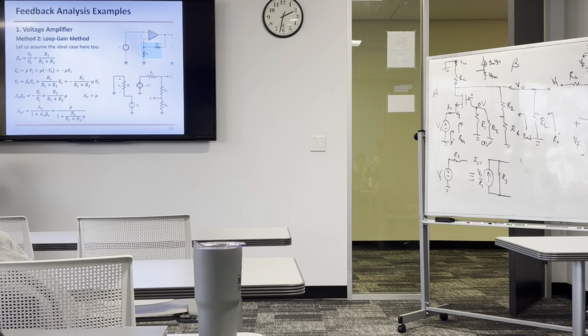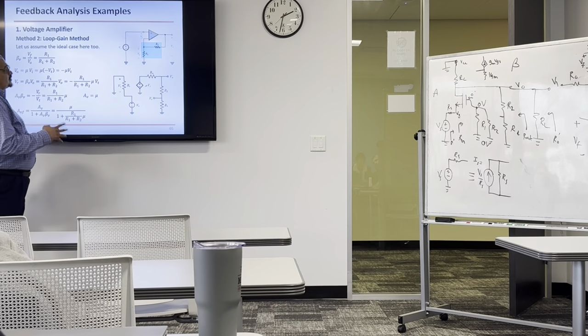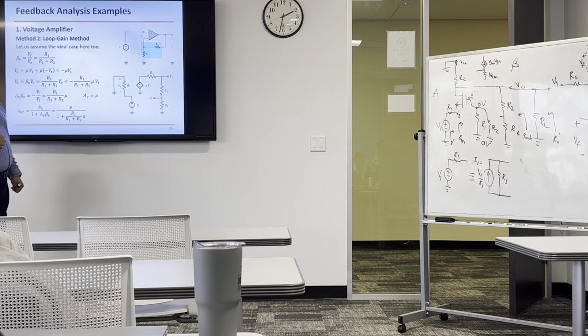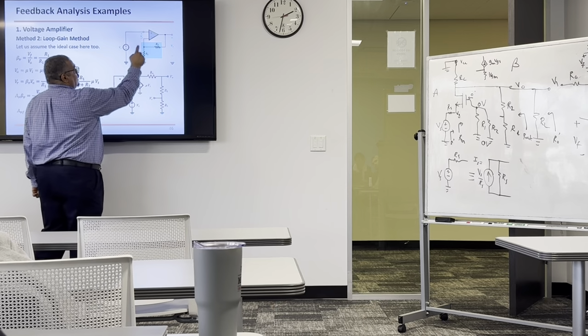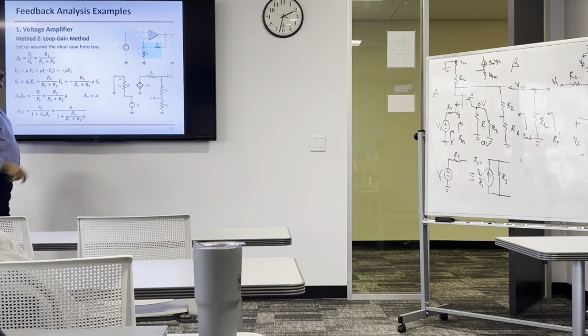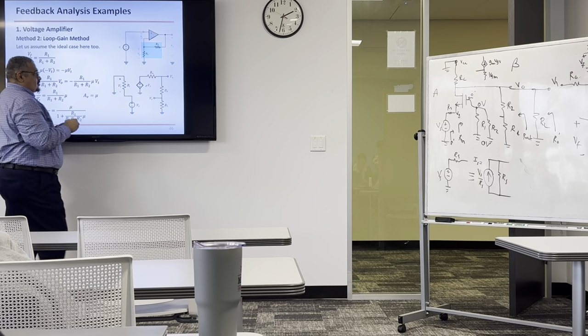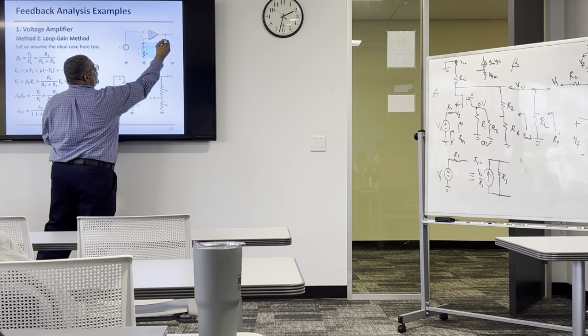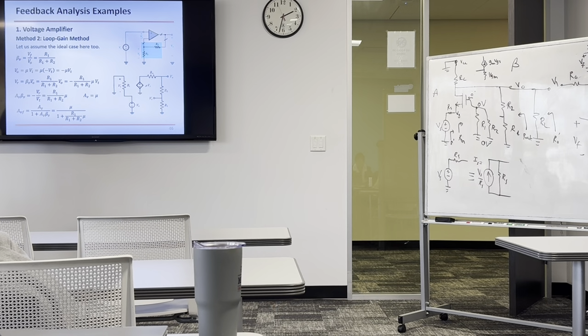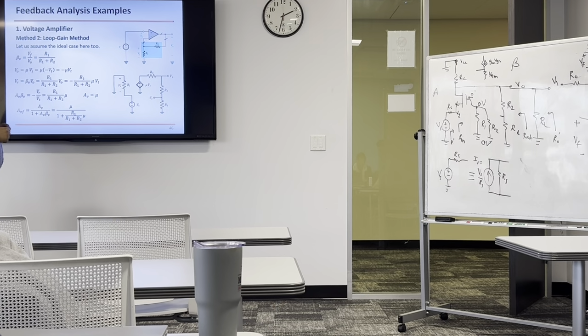So this method says you have to cut the circuit somewhere. We can cut it here, here, or here, right? Which one is the best location? The first one here.